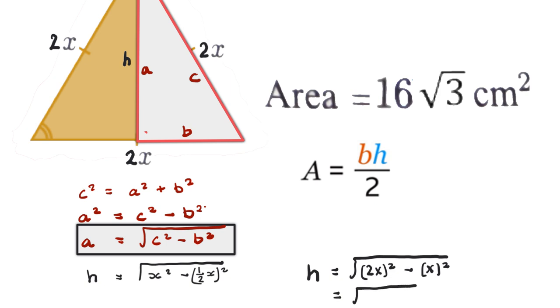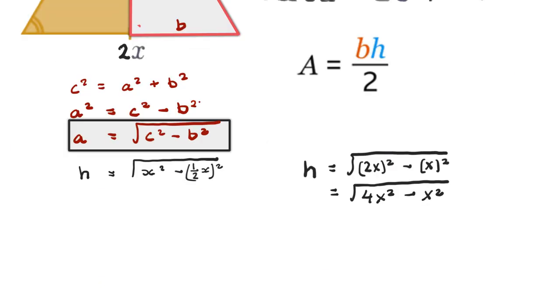So now I will just say that that is 4x squared minus x squared. So you can see that if I say 4x squared minus x squared, that will only leave me with 3x squared. So my h is now the root of 3x squared.